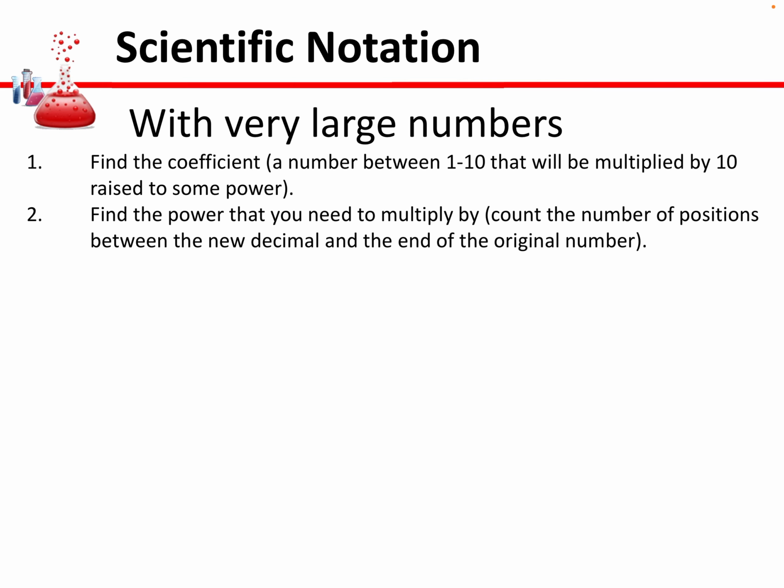So anytime we have a very, very large number, we need to first identify a coefficient that we're going to use with that number, and it will be between 1 and 10. So it will only have essentially one place, and then that's going to be multiplied by 10 raised to some power. So that's the power you're going to need to multiply by to get it out to the extended number.